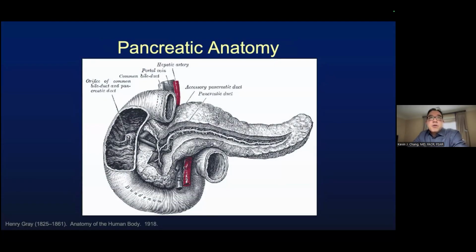This is a Gray's Anatomy photo of the pancreas, and you can see here the pancreas is basically enveloped by the C sweep of the duodenum, and you can see where the ampulla forms along the medial portion of the second portion of the duodenum, and then in addition, the pancreas also envelops itself around the superior mesenteric artery and vein, and the mesenteric artery and vein help to define the anatomy of the pancreas here.